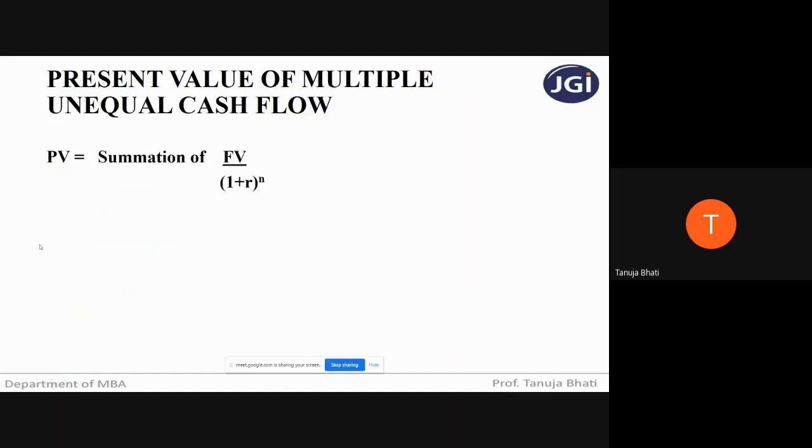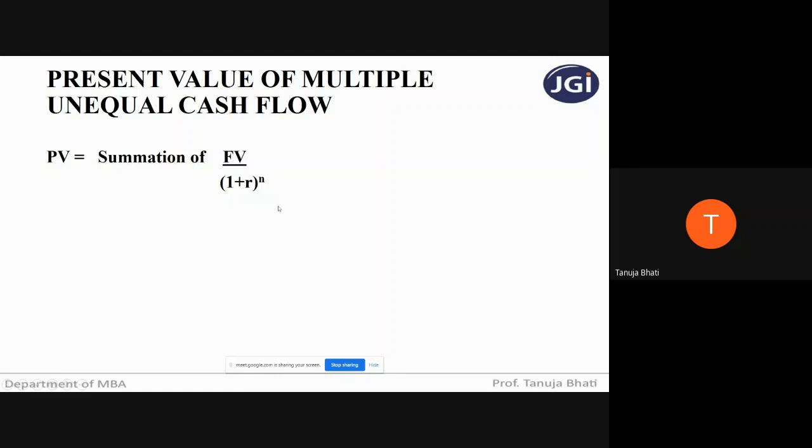Next, how to calculate present value of multiple unequal cash flow. When I say multiple, it means the payment or receipt is happening more than once, and it is unequal, meaning the amount that is flowing in or out is unequal. So how do you calculate it?